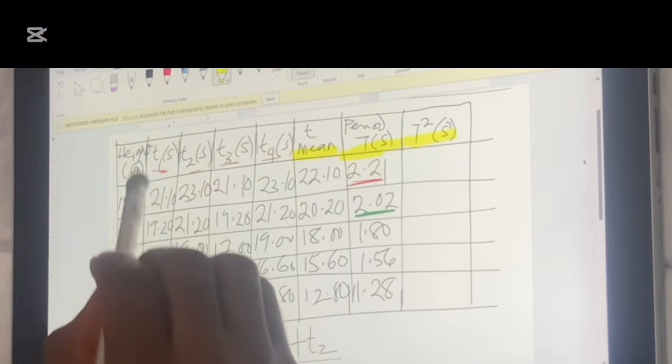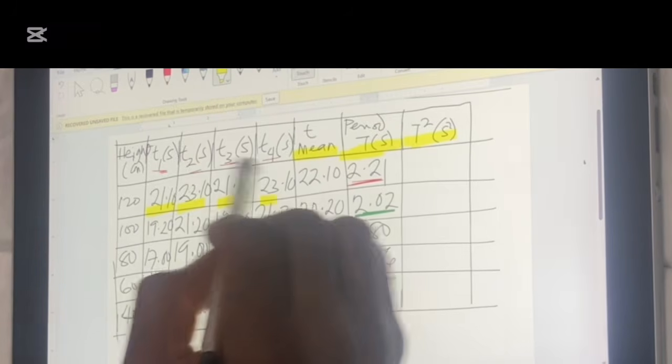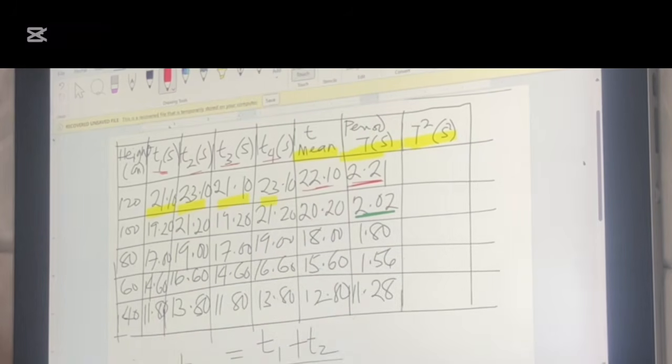Okay, now let's confirm if this answer is correct. If I add this, this, and divide by 4, I will get this value here. Let's do it. 21.10 plus 23.10 plus 21.10 plus 23.10.